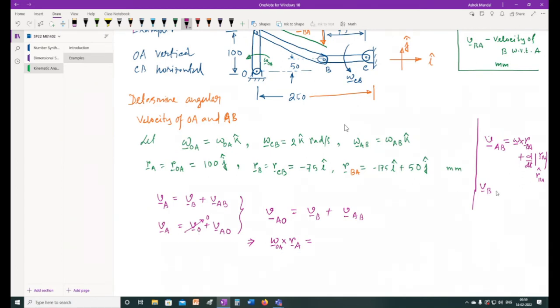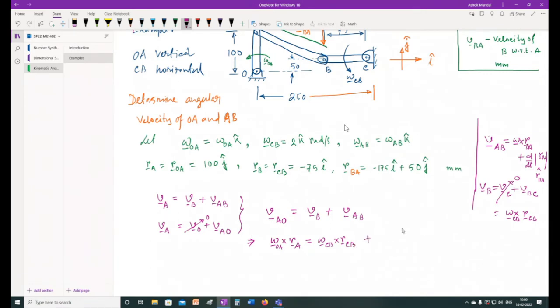VB can be written as velocity of point C plus velocity of point B with respect to C. You know the C point is a fixed point, so this part is 0, and velocity of point B with respect to C will have only this component, omega CB crossed with RCB. So this is omega CB cross RCB.